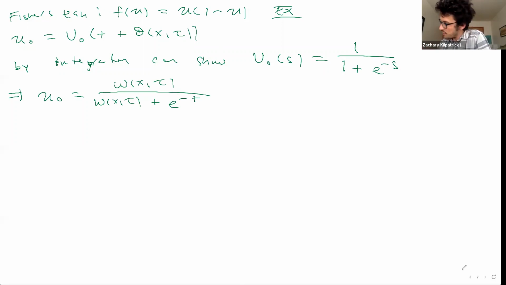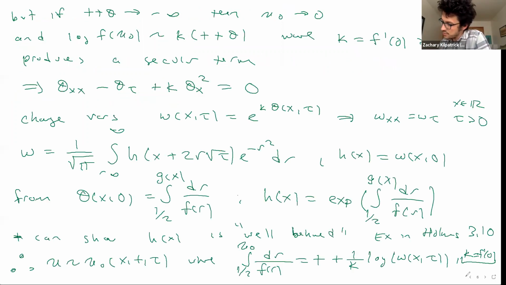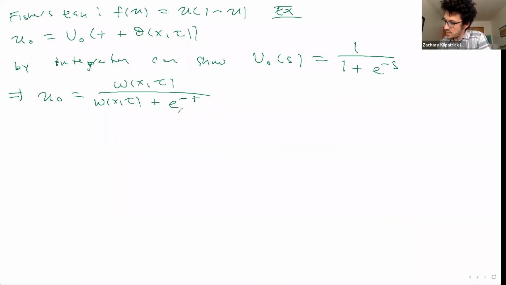Because remember, w of x, tau is given by e to the kappa theta here. So if you plug that in, kappa theta is going to be equal to log of w, and that'll just end up being exponentiated, and so you'll get these w's out of that. Okay, so this is our expression now.